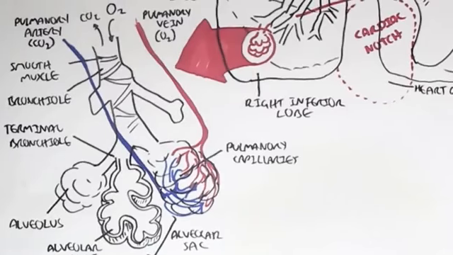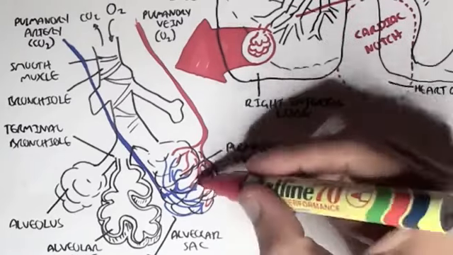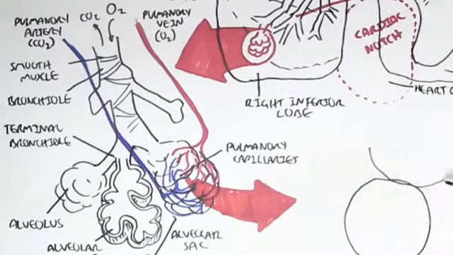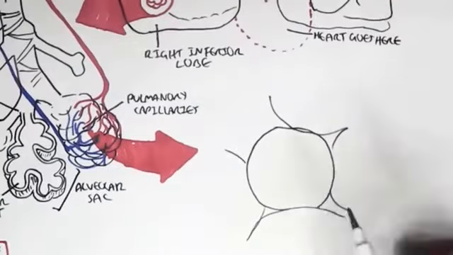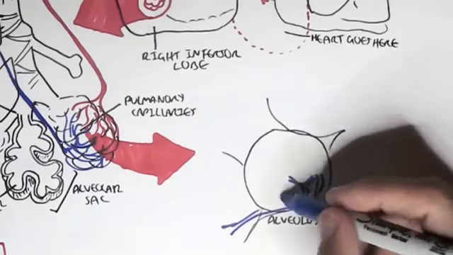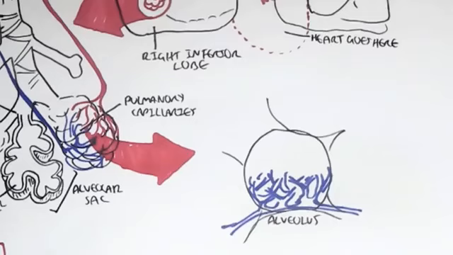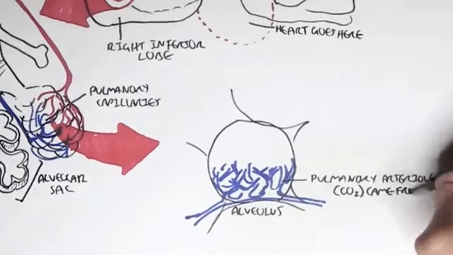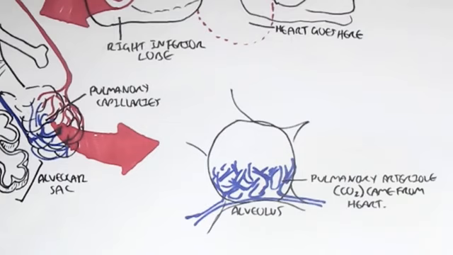So let's go back to this pulmonary artery, pulmonary vein, and look at it again. So remember, one of these balls is an alveolus. Now we have the pulmonary artery coming from the heart with deoxygenated blood, with carbon dioxide, and it branches into small pulmonary arterioles and then capillaries, where it will give carbon dioxide to the alveolus.